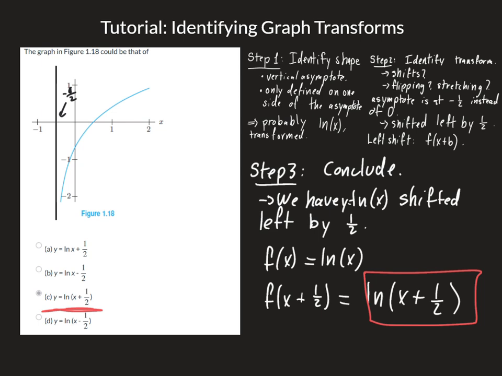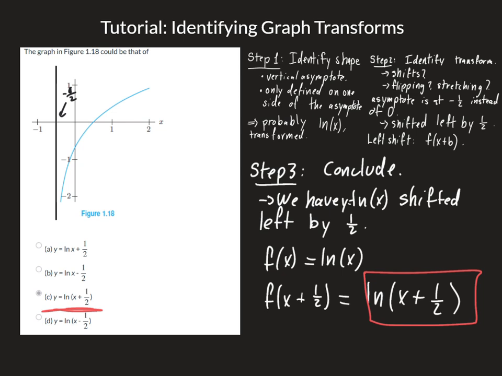So to recap this process, these are graphs that we're working with, so whenever you're working with graphs, things are going to be somewhat imprecise. It's never going to be exactly perfect. But this is roughly the process that you should follow: first try to identify the shape. In this case, we have a log type function. But I could have given you a parabola, and you would have thought that's something like x squared.